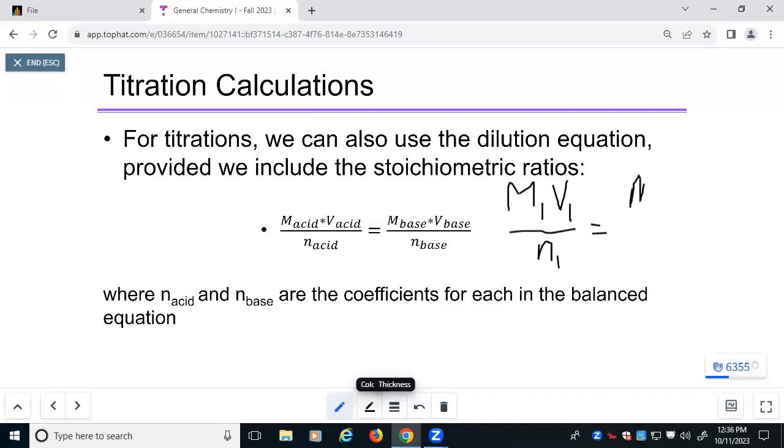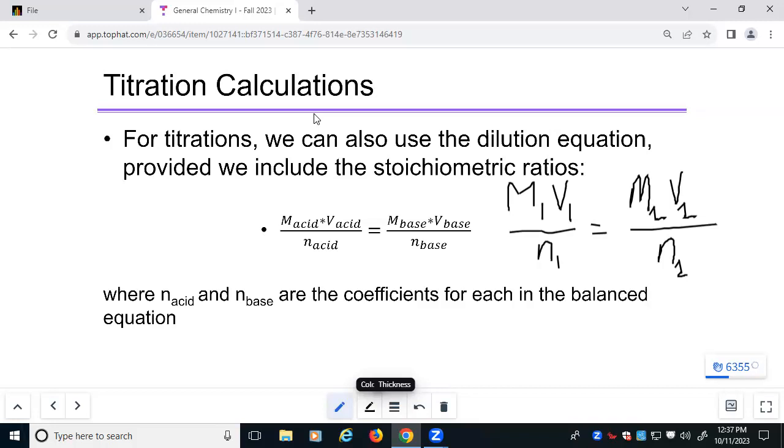The whole idea is premised on the same idea that the dilution equation is, in that we are equalizing our number of moles, and the way that we do that in this case is by that stoichiometric coefficient in the denominator.